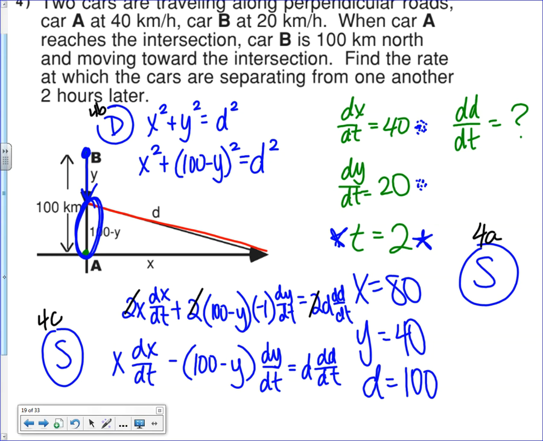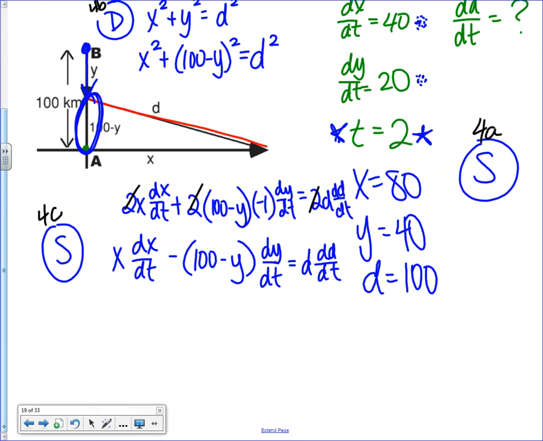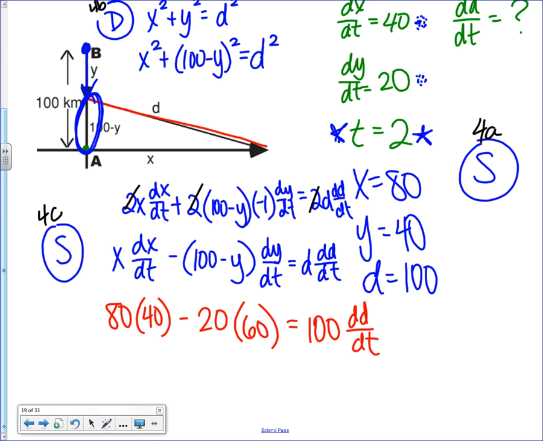Now that we have our derivative in front of us, let's start plugging stuff in. I know that x is 80, dx/dt is 40, minus, now I have dy/dt, which is 20, and then 100 minus y, well, the y is 40, so 100 minus y will be 60. And then I have equals, d is 100, and dD/dt is what we're supposed to be finding.